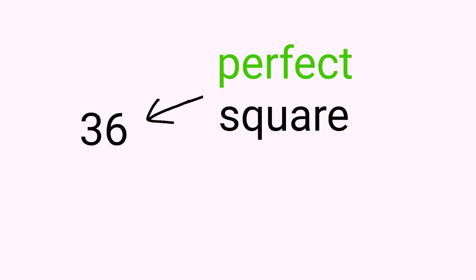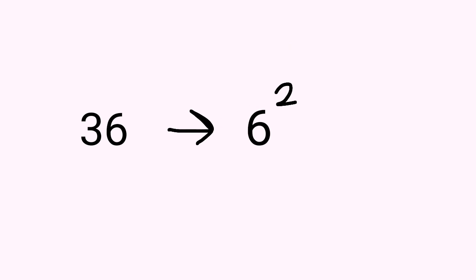So you can write 36 as 6 squared, where the exponent would be 2. That's why it would be a perfect square, because you can write it out in that form.